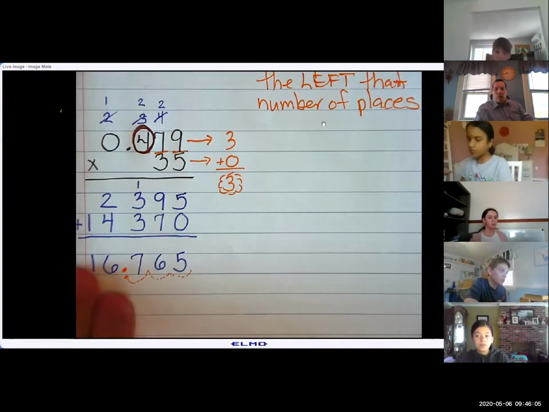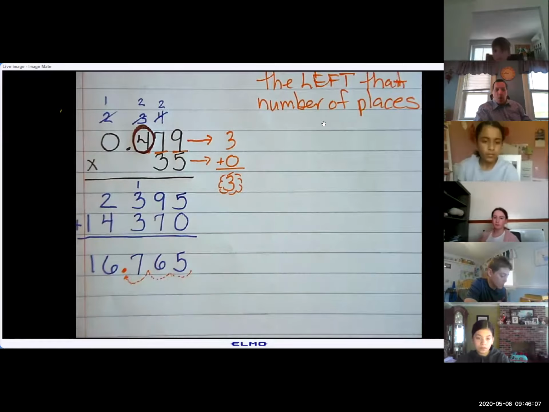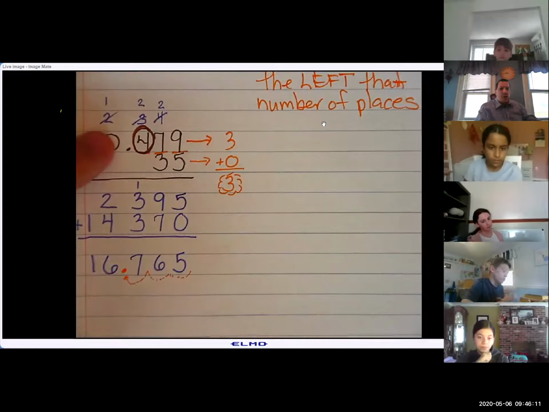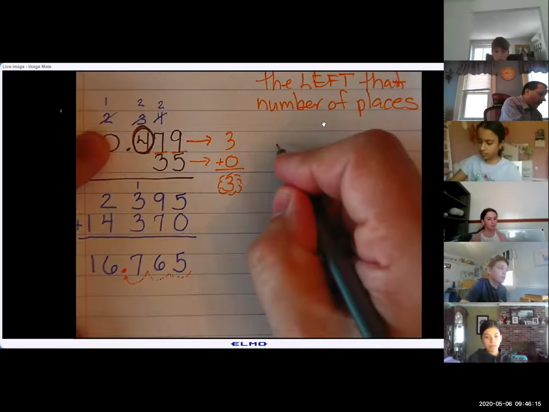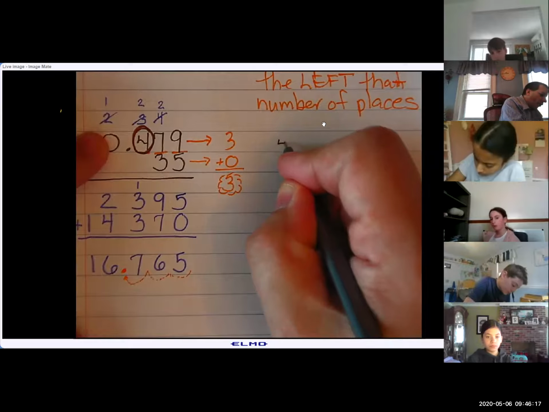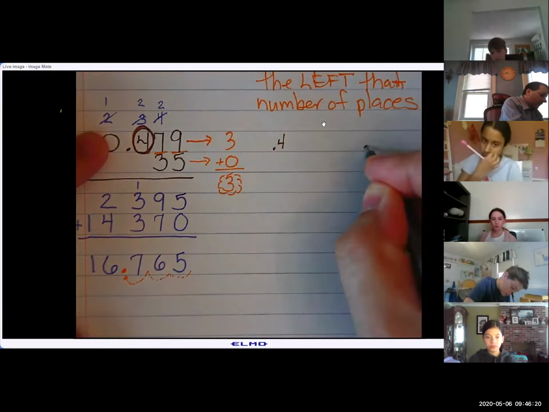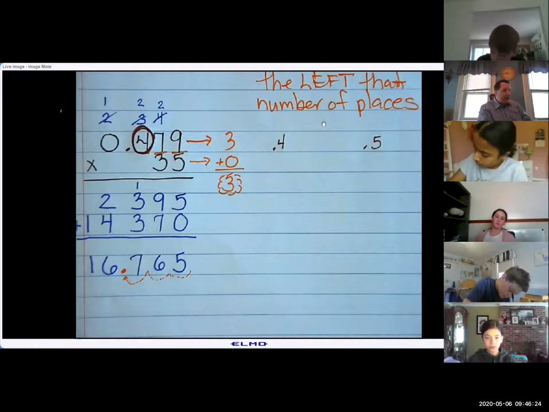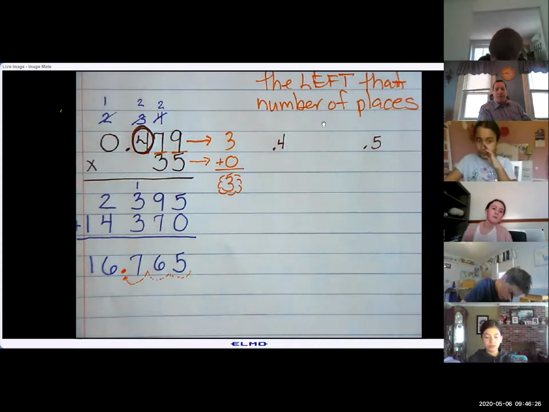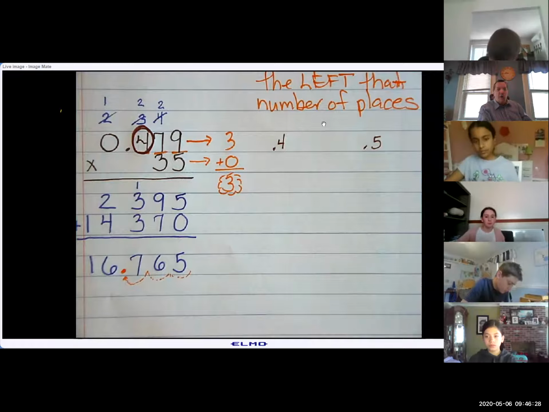For what 4/10? What 2/10 is this number between? This number is somewhere between 4/10 and 5/10. Is it closer to 4/10 or 5/10? 5/10.